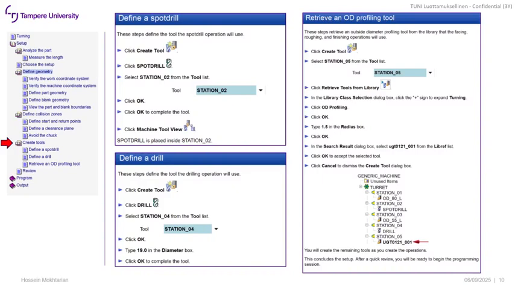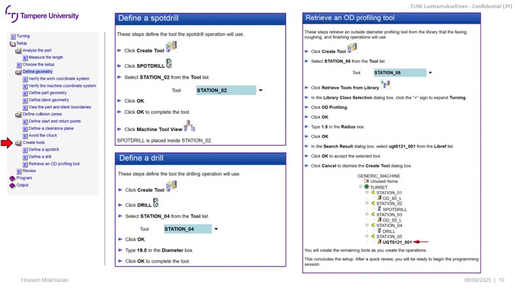Another point you need to pay attention to is whether you are using any specific standard tools, or some company-specific tools. Sometimes in the Siemens library, you should be able to retrieve the tool. For example, on the right-hand side, we are retrieving the tool from search results. We searched UGT, for example, in the library. But this might not always be the case, and you should be able to create the tools.